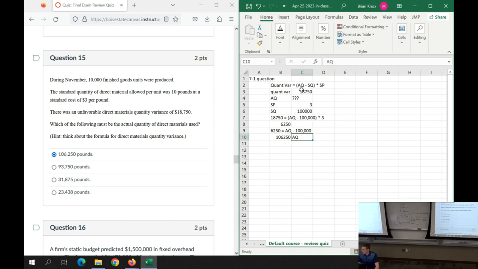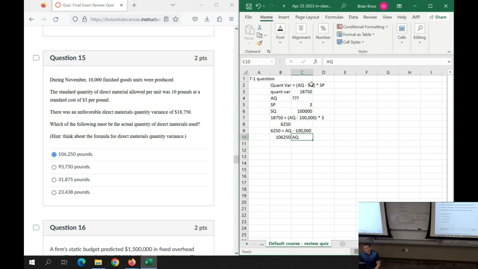And so I knew that if AQ is greater than SQ, then this is going to be positive. The difference between these two is positive. I'm saying that for this specific problem, of course the answer was the 106, but doesn't it have to be that because it's the only option larger than the SQ? Yes. You could solve this problem without doing the algebra.